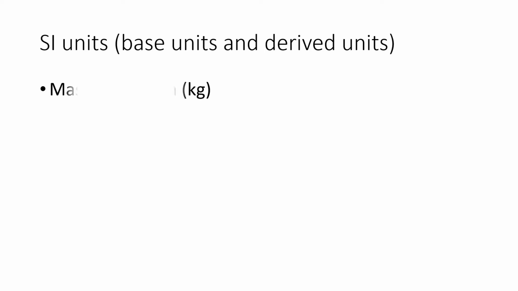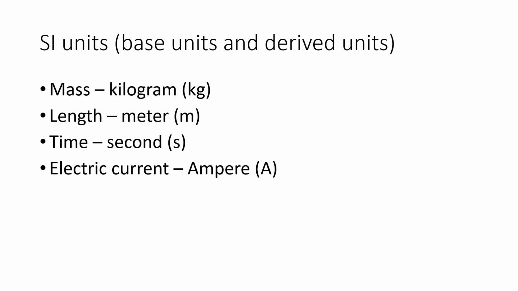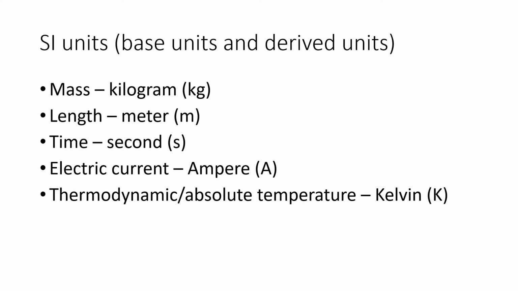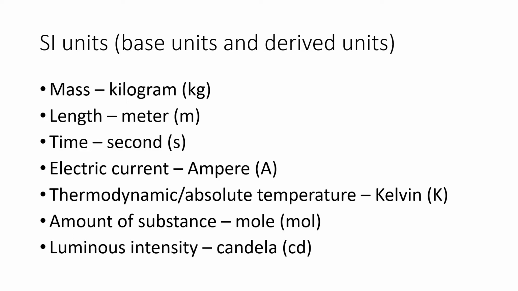There are 7 of them. For the unit of mass, kilogram; for the unit of length, meter; for the unit of time, second; for the unit of electric current, ampere; for the unit of absolute, also known as thermodynamic temperature, Kelvin; for the unit of amount of substance, mole; and for the unit of luminous intensity, candela.